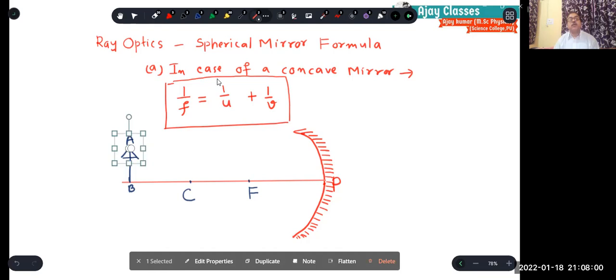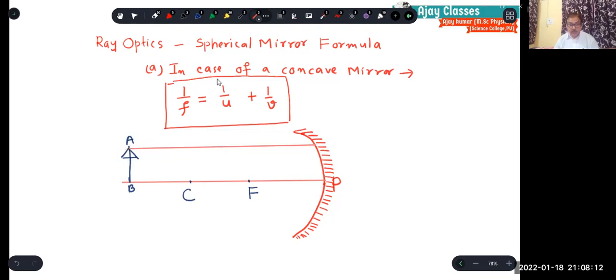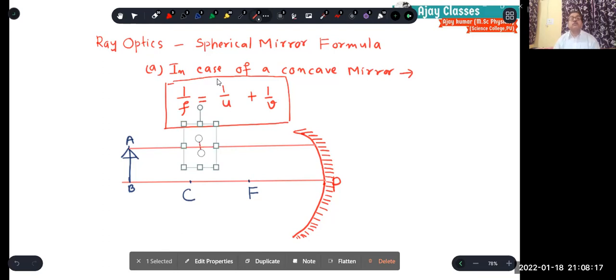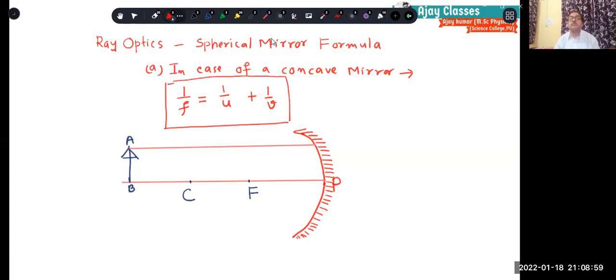So the ray of light is starting from A, and the arrow should be given there.